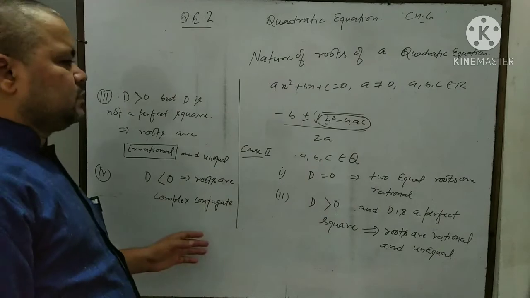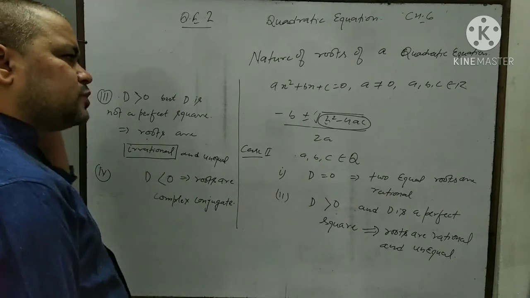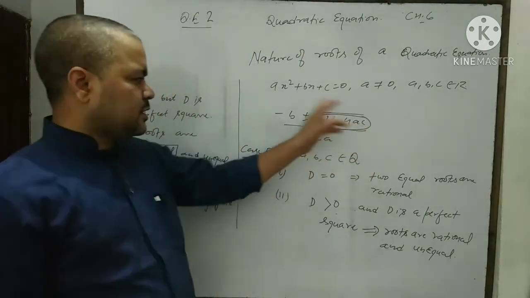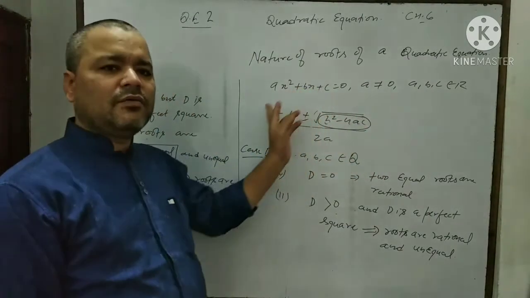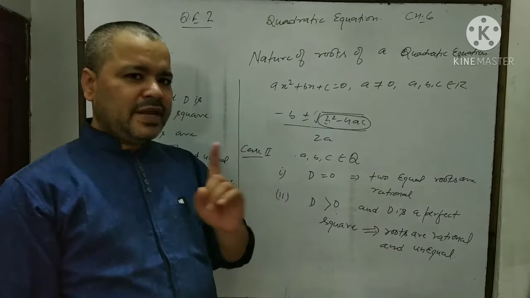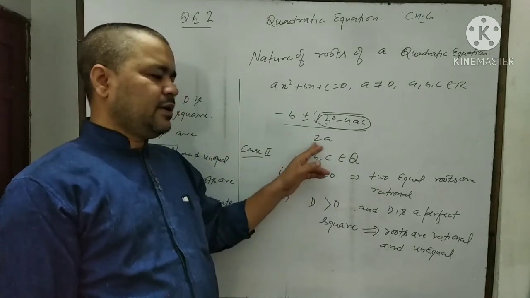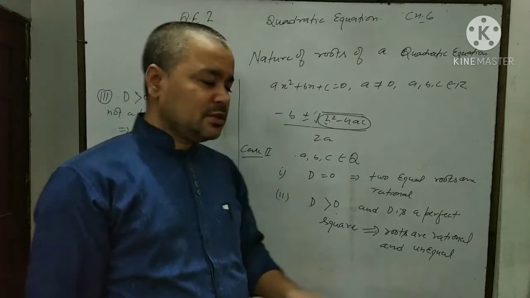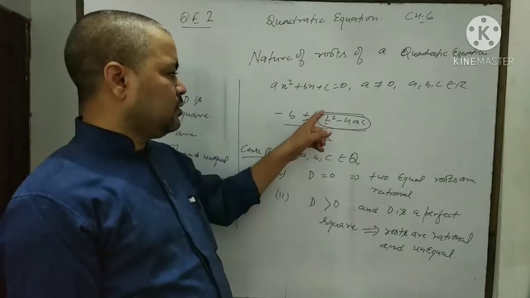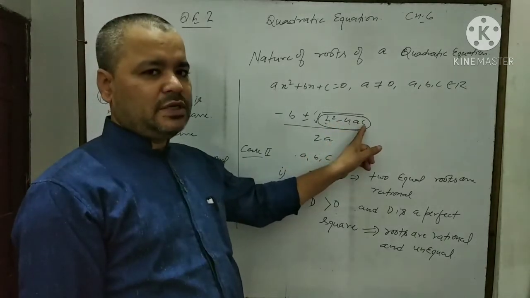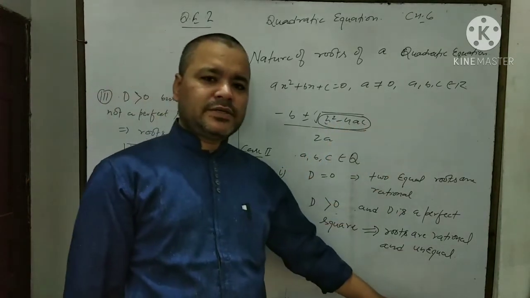Okay, this is the nature of roots of the quadratic equation. This method is known as the quadratic formula. The main role in this formula regarding the nature of roots is the value under square root, which is b square minus 4ac, known as discriminant.